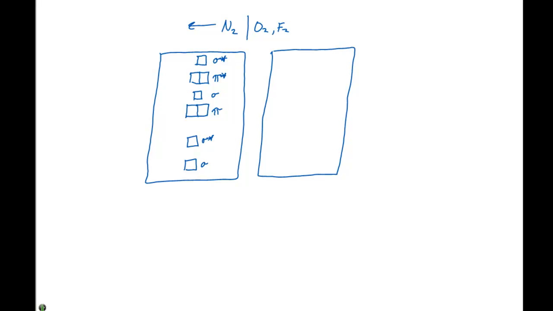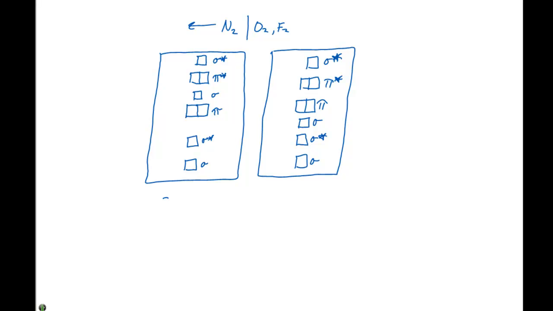Then for oxygen and fluorine, we're going to have our sigma and our sigma star, but the other sigma is going to be down here, pi, pi star, and sigma star. So these are the relative energies of that center portion of the molecular orbital diagram.